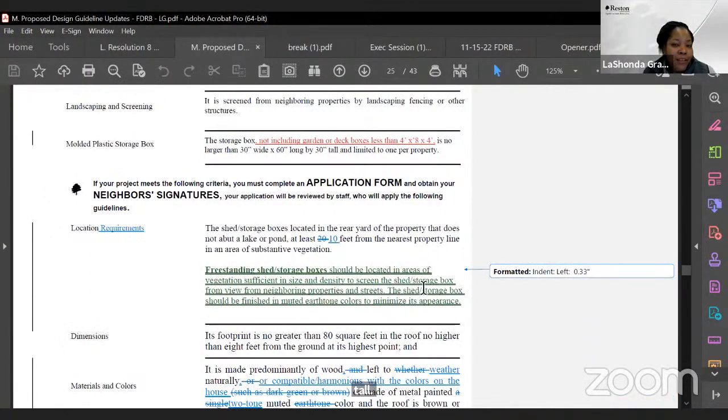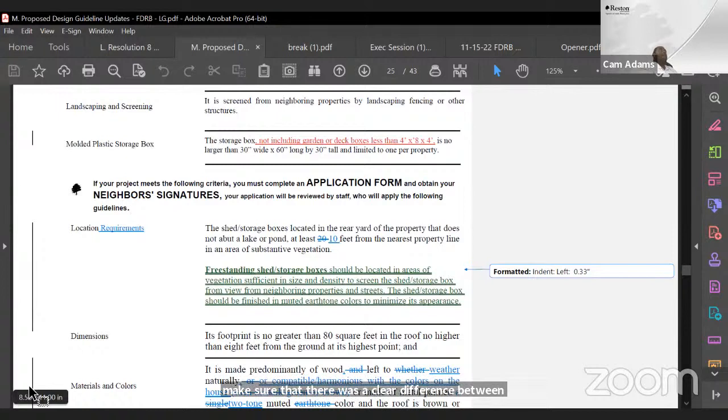Kim, you want to speak to deck and garden boxes? So this came about, and I hear what you're saying. It reads a little confusing, but we wanted to make sure there was a clear difference between what I would classify as your deck box, where you may store your outdoor cushions when it rains, a garden box for your garden tools and maybe a garden hose, your plastic storage bins, or your typical storage sheds, because it was not clear.